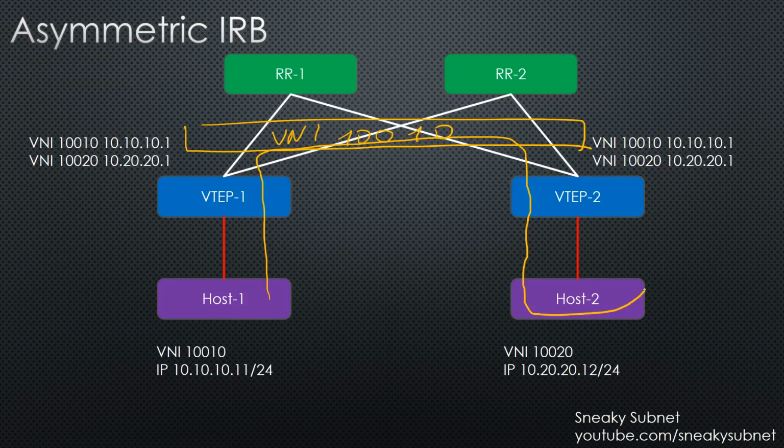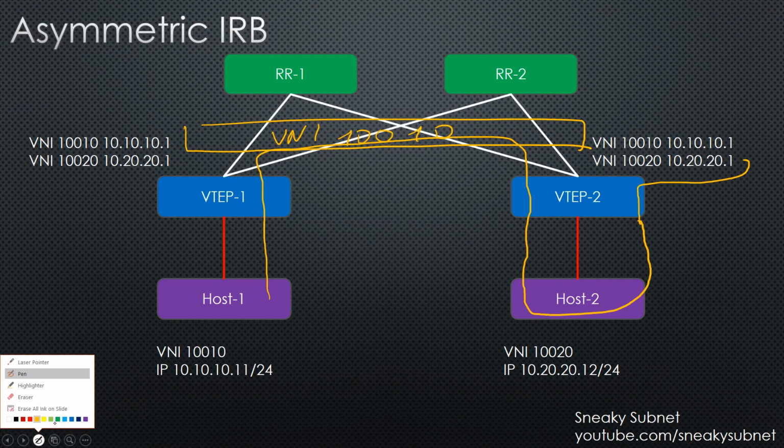Then reply from host 2 goes that way. Here it gets routed to VNI 110. Sorry, that's not correct.